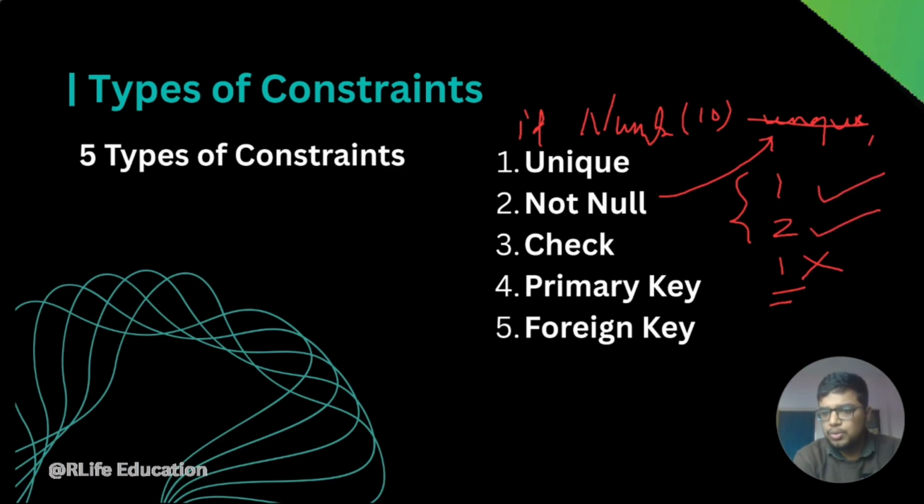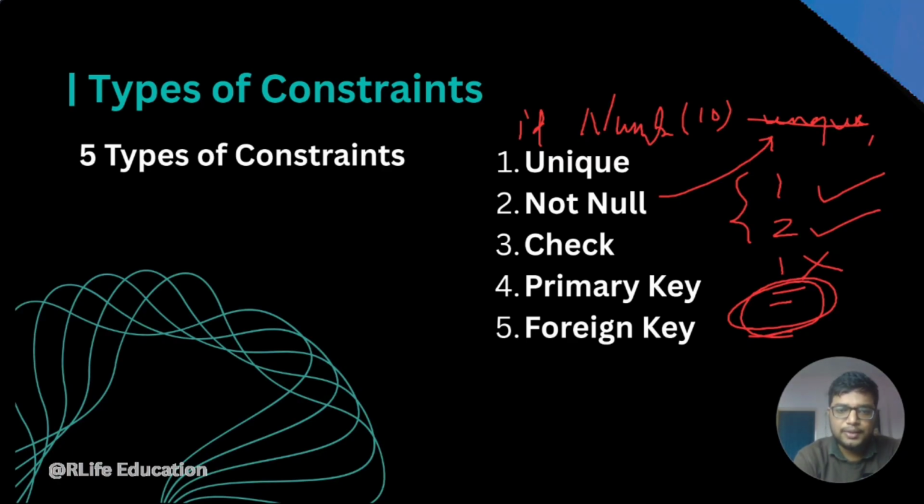If in the next ID I don't give any ID and just want to skip it, I'm not able to skip it, because as I provided the not null constraint here, it is going to check whether that place is empty or not, whether that place is null or not. If it finds that place is null, it is not going to allow it, because we already assigned the not null constraint. The place must contain some value according to the data type.